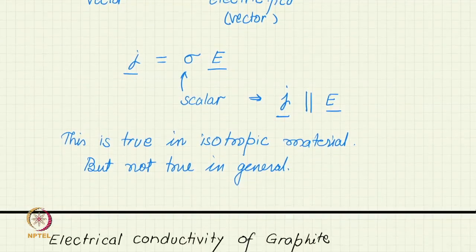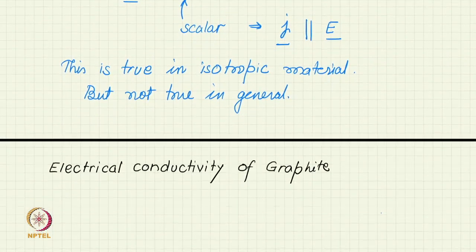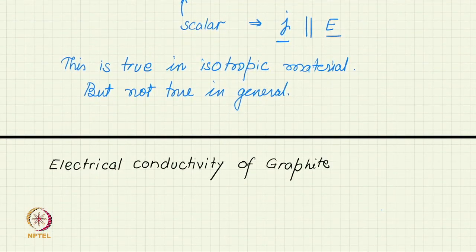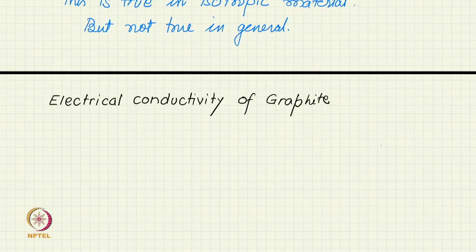Let us see why that is the case. So, we take an example of electrical conductivity of graphite. Graphite is a highly anisotropic material and is made up of graphene sheets, which I represent here as these horizontal lines.